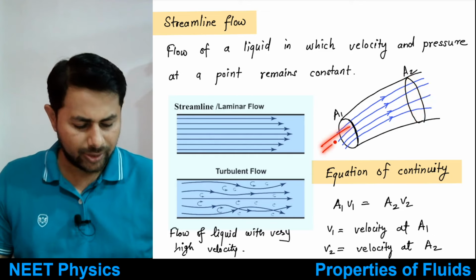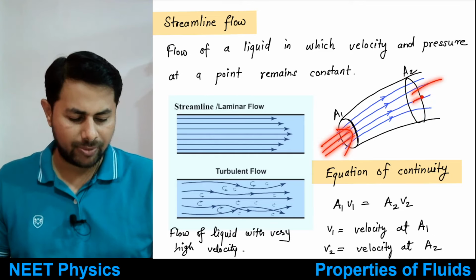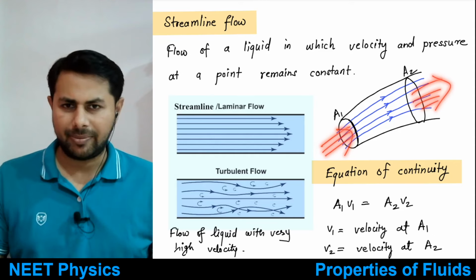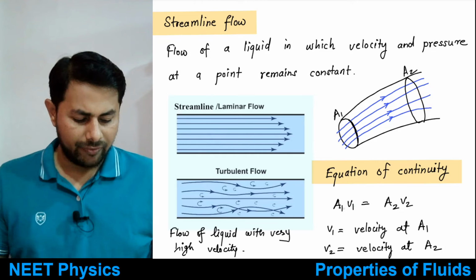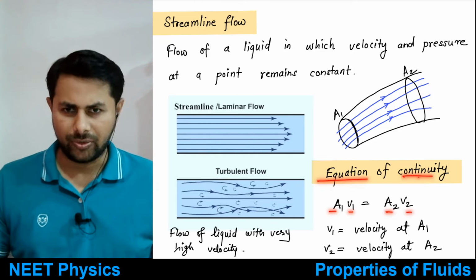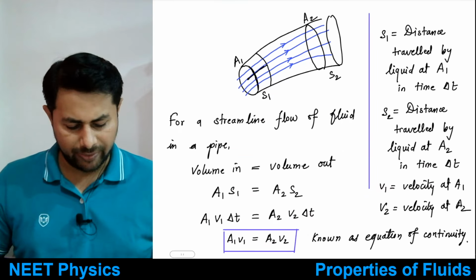So from here we get A1 V1 is equal to A2 V2. It is the equation of continuity.